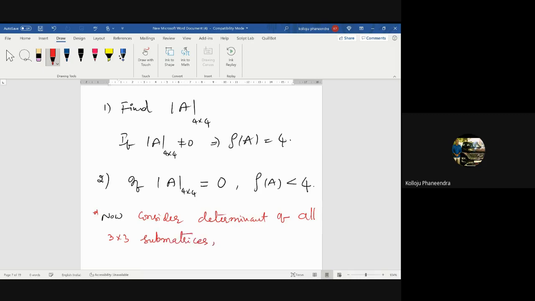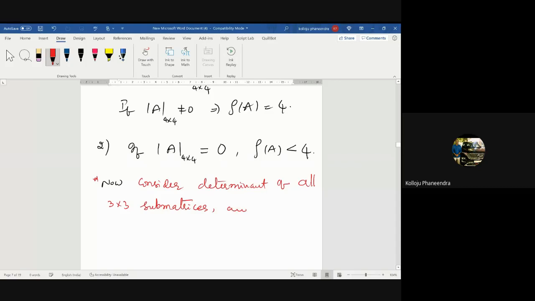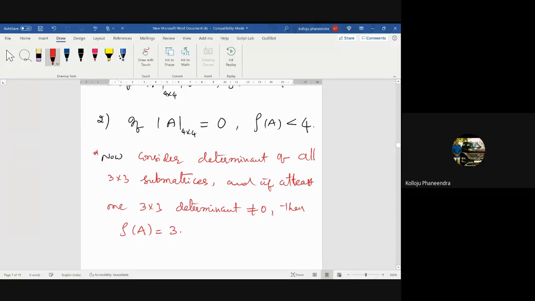And if at least one 3 by 3 determinant is not equal to 0, then what is the rank? 3. What is the logic? Consider all possible 3 by 3 submatrices' determinants. There are so many. Find all those. You have to select 3 by 3 submatrix determinants. If at least one is non-zero, that's enough. Rank is decided as 3.